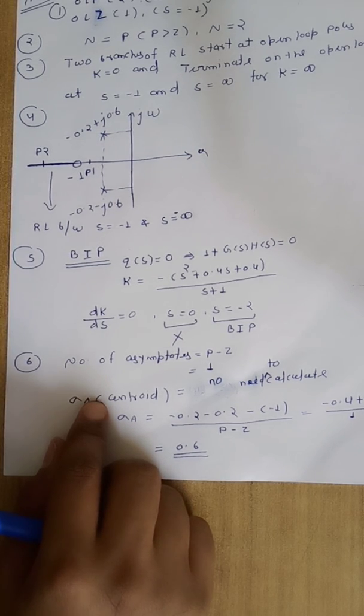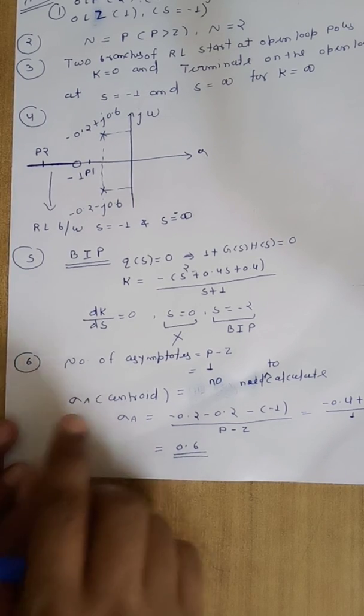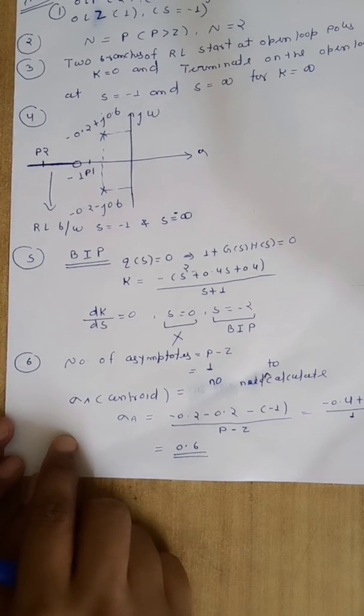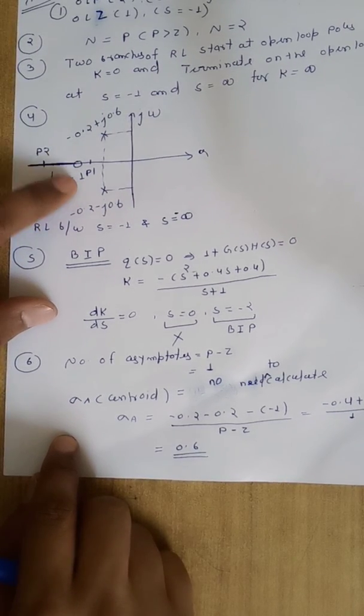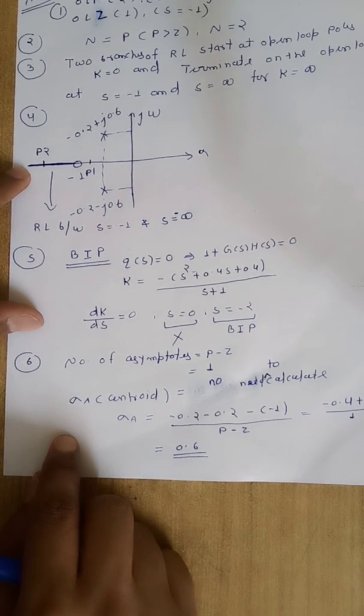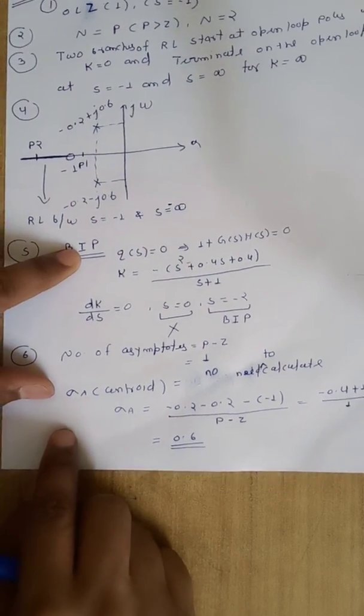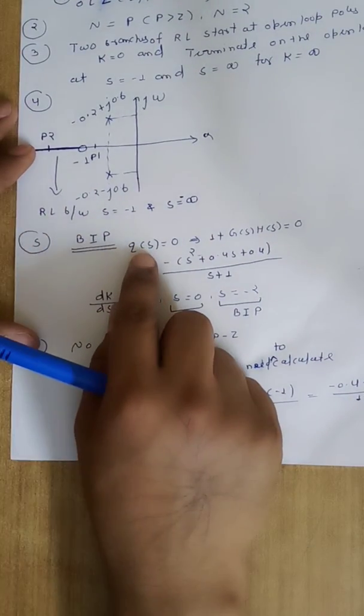We have only a break in point, because I have already told you in the previous video class, if we have a zero on the real axis and a root locus on the real axis to the left of that zero and p greater than z, there will be a break in point to the left of that zero. Here we have a break in point between s equal to minus 1 and s equal to minus infinity.